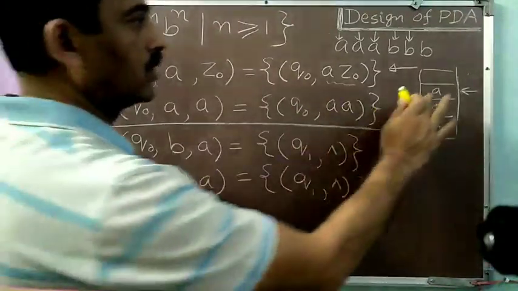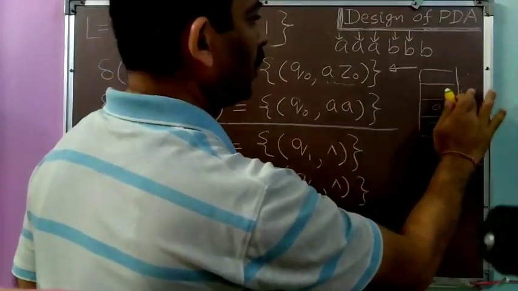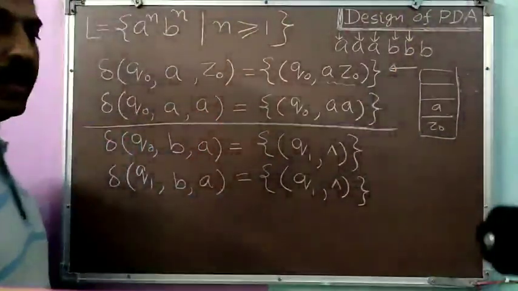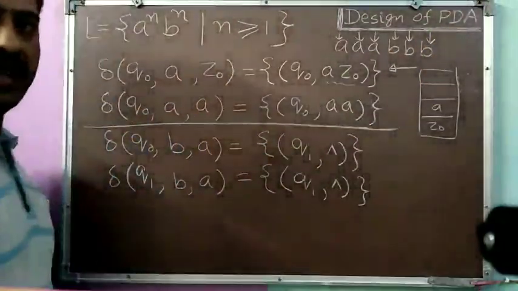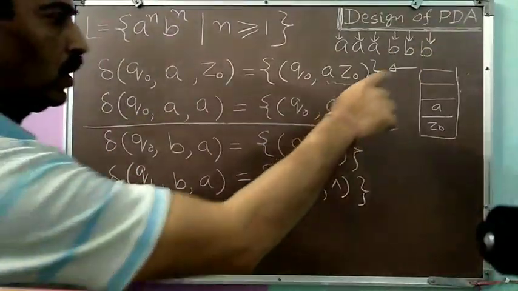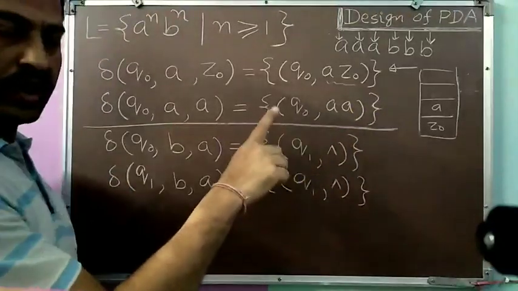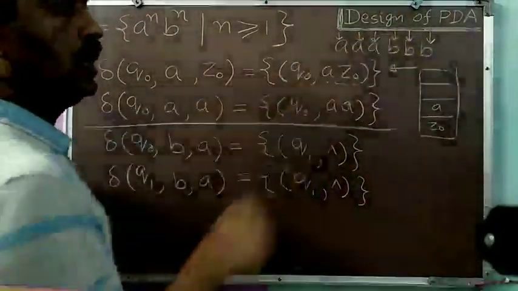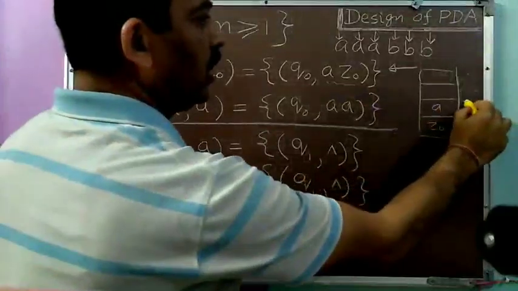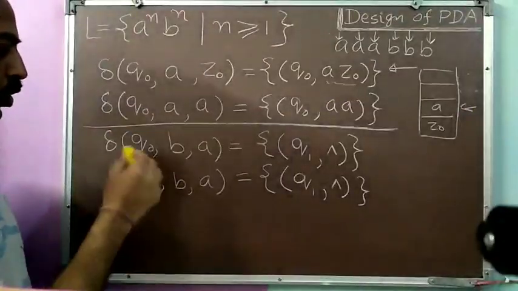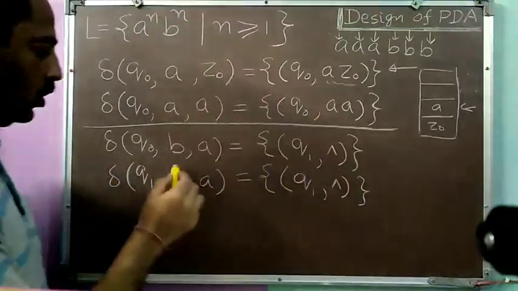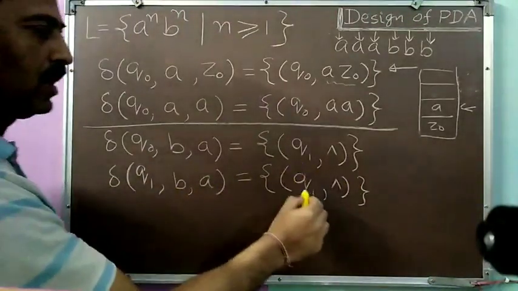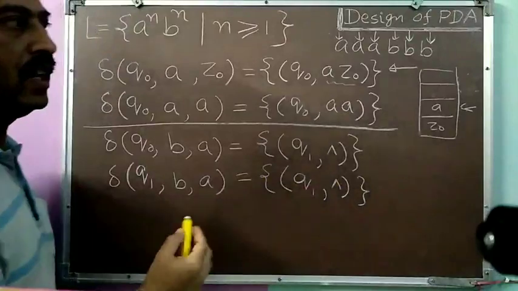So the second A will be popped corresponding to this B. Then we go to the next symbol in the input, that is again a B. I am in the state Q1 because I have not changed the state. So Q1 B from the input and A on the top of the pushdown store. So Q1 B A, again this situation I am getting. The same action I have to take: I will remain in the Q1 state and I will write a null there.